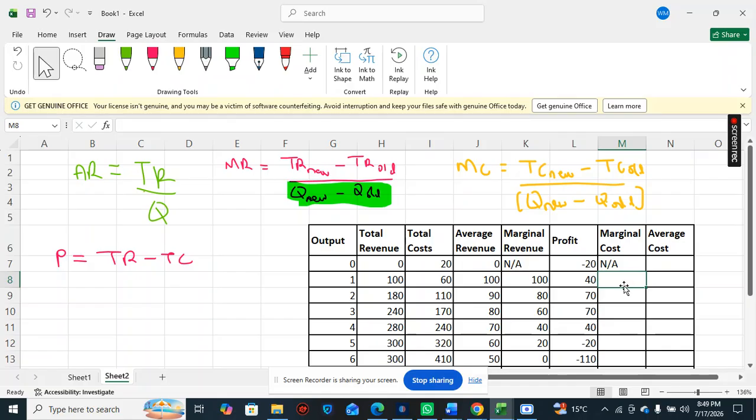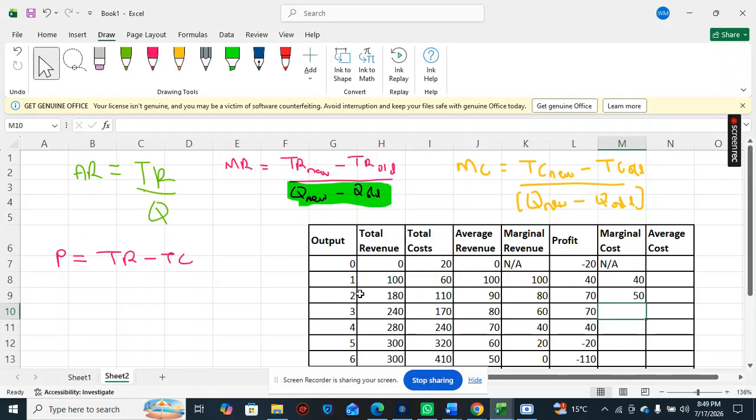When we produce 1 unit, our total cost rises from 20 kwacha to 60 kwacha. So the additional cost brought by this 1 unit is 40 kwacha. When we produce 2 units, total cost rises from 60 to 110 kwacha. So 110 minus 60, 50 kwacha.